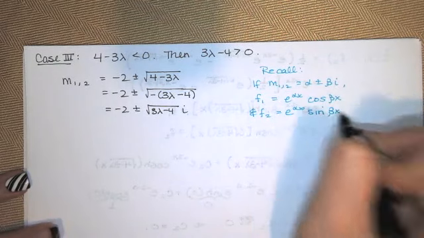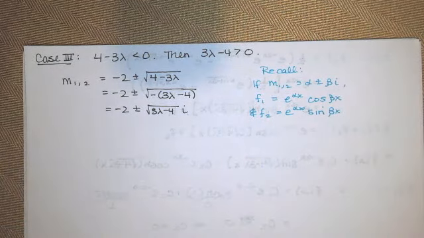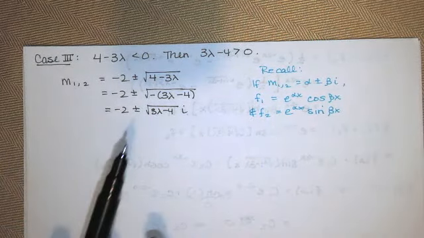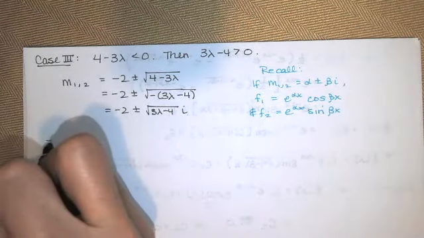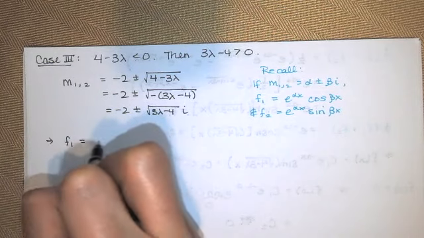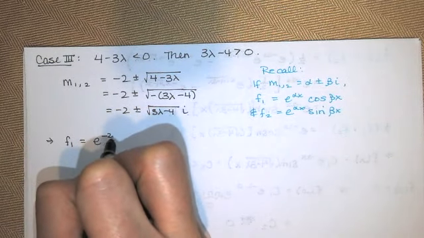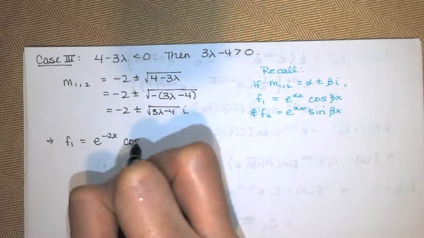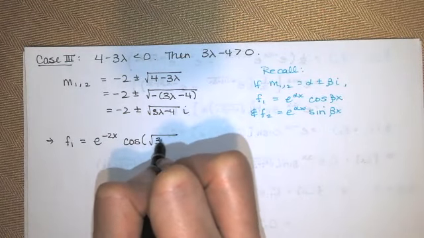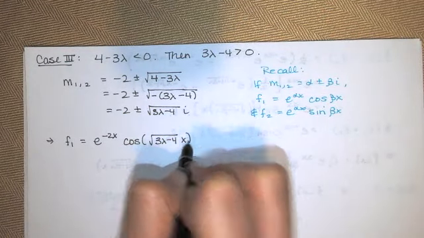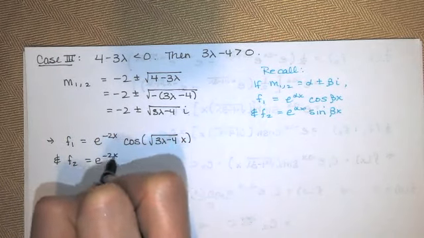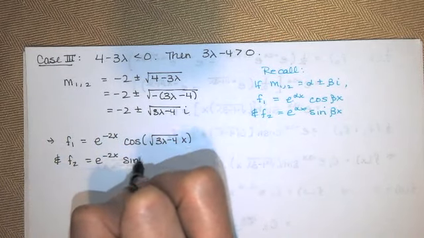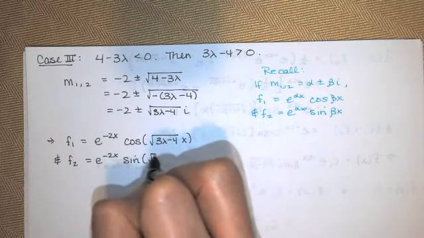Now we could write these as complex solutions, but these are two linearly independent real solutions that correspond to this complex conjugate pair. So that means our first function is e to the -2x times cosine of beta times x. And our second linearly independent solution is e to the -2x times sine of beta times x.